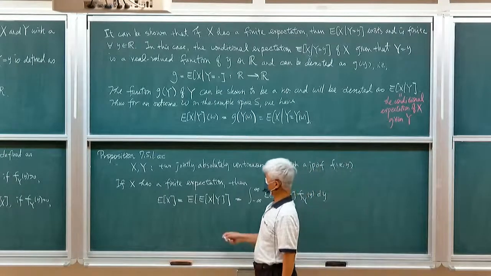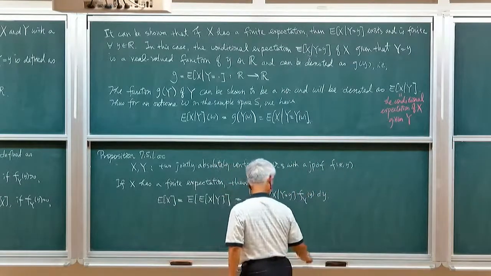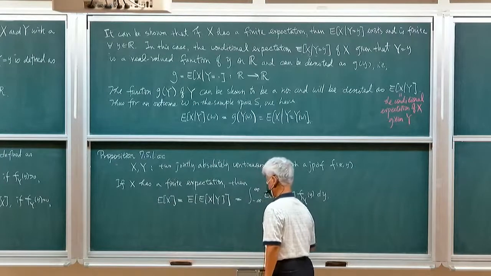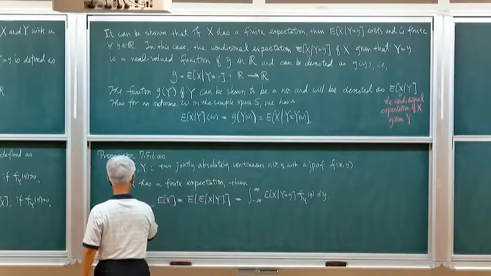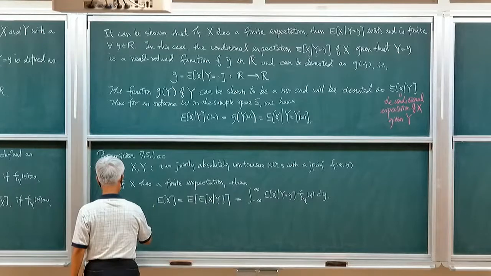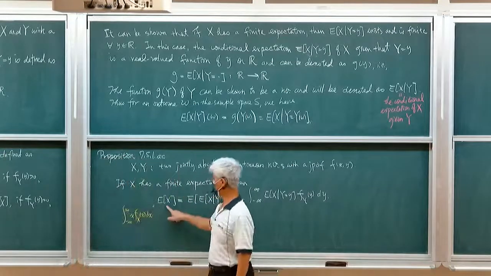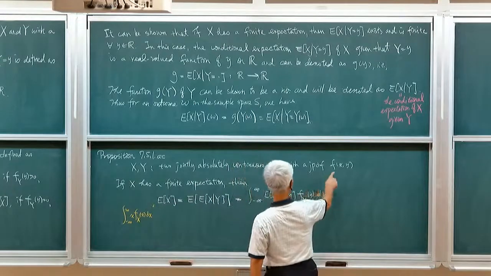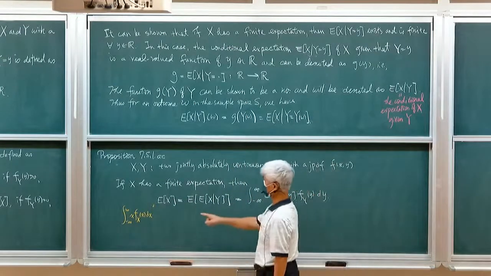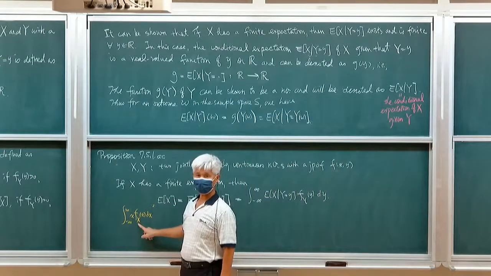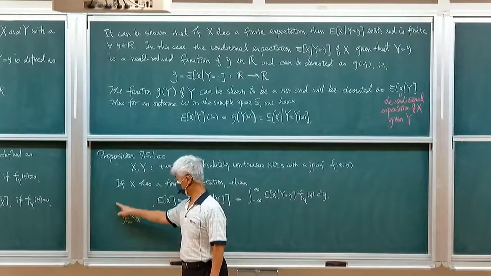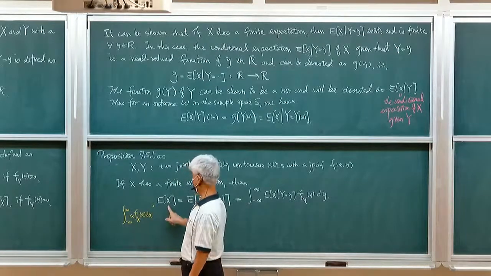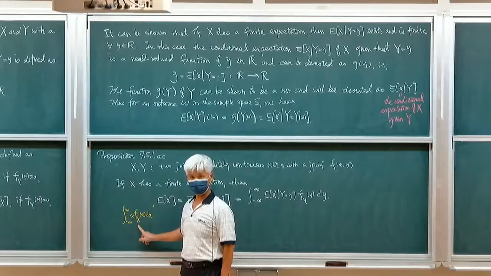So of course, this is the ordinary way to find the expectation of x, right? From the joint PDF, you find the marginal PDF of random variable x and evaluate this integral to find the expectation of x. This is one way.